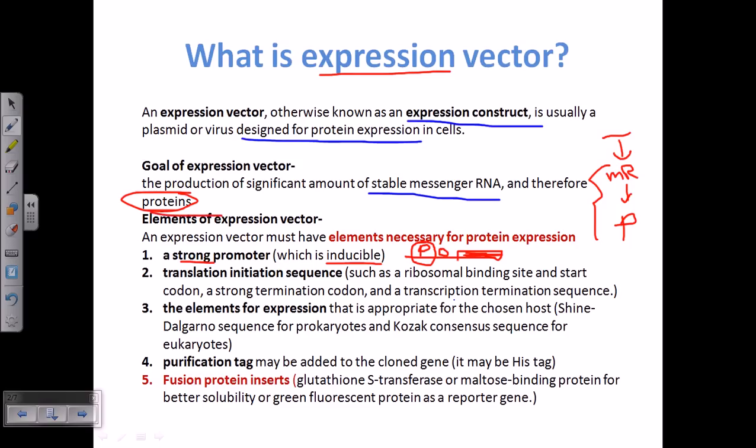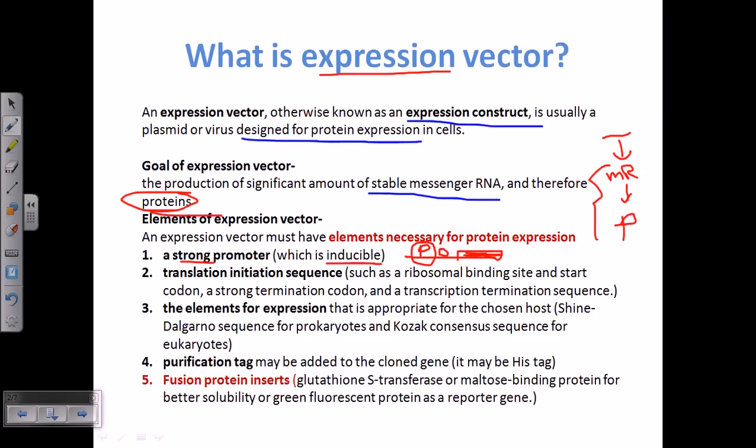It must carry all these sequences, which need not be there in cloning vectors, because we don't need the expression of our gene inside the cloning vector. If a cloning vector does not have any of this, it won't create any problem. But an expression vector must carry translational initiation sequences, transcription termination sequences and translational termination codons. Okay.